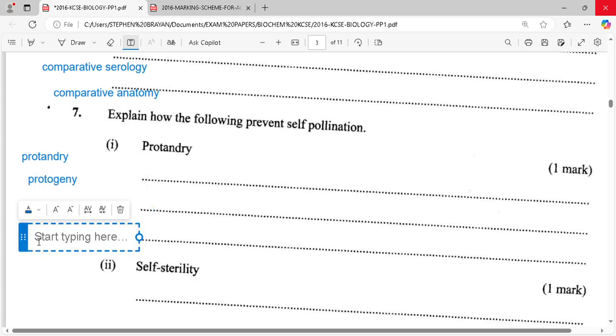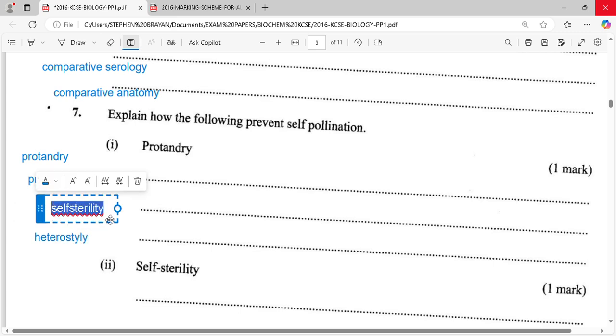And our fourth factor is called heterostily. This self-sterility you'll also get in some books; it can also be called incompatibility.